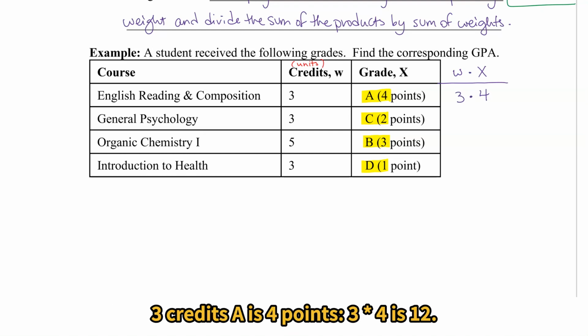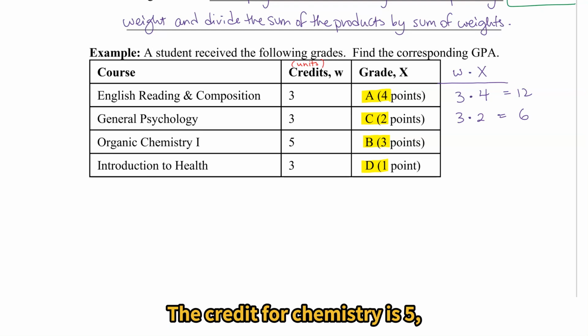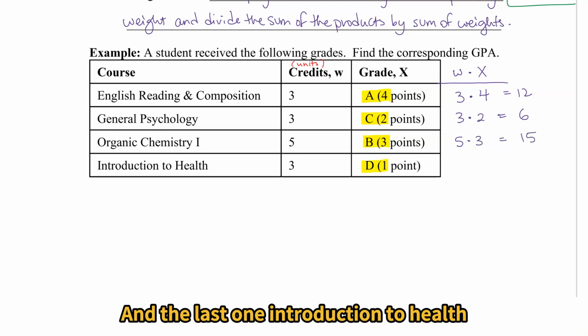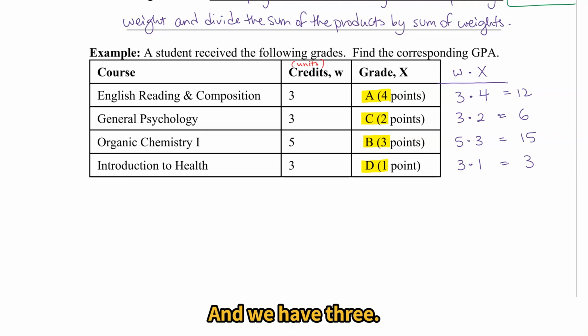So 3 credits, A is 4 points, 3 times 4 is 12. 3 credits, a C is 2 points, 3 times 2 is 6. The credit for chemistry is 5. They got a B, which is 3 points. 5 times 3 is 15. And the last one, Introduction to Health, the credit is 3. The grade is a D at 1 point, and we have 3.